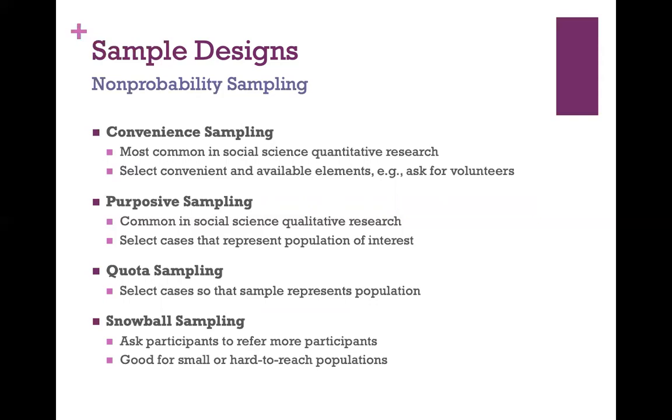And snowball sampling is more common in qualitative research where you may be trying to find folks that are in kind of hard to reach or hidden populations. And so you ask your participants to refer other people to your study. But again, the most common type of sampling we're going to see in social science research is convenience sampling.